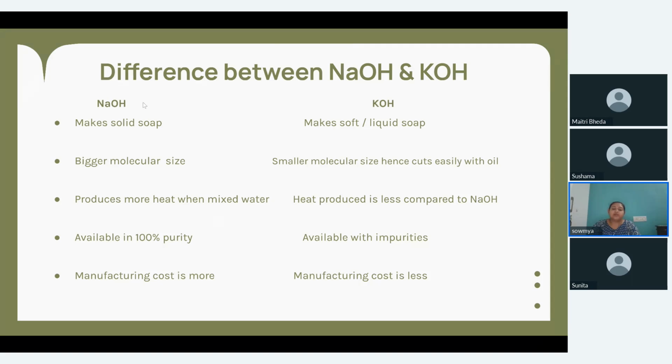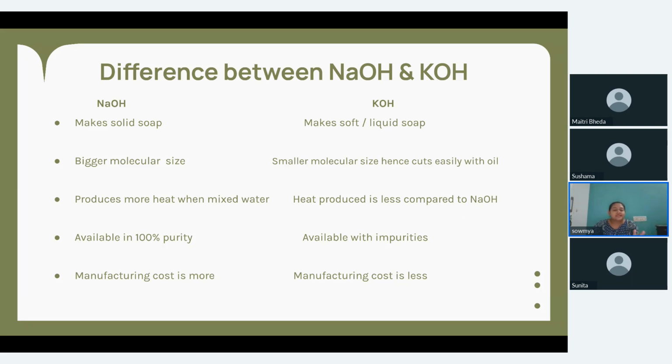And sodium hydroxide, when you mix it with water, we all know it is extremely exothermic, so it will give out a lot of heat. Potassium hydroxide is also exothermic, but it doesn't give out the same heat as sodium hydroxide. Also, when you mix potassium hydroxide in water, it will make some fizzing or popping noises.